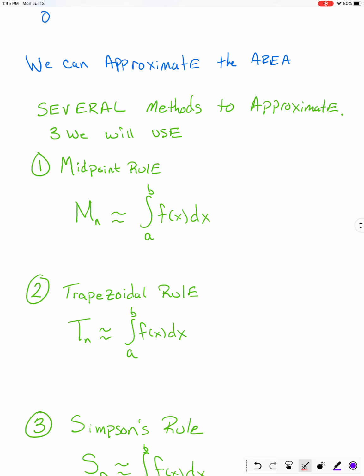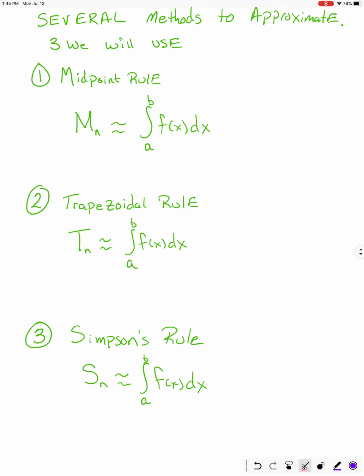There are several methods to approximate. You could study more of them in other classes, but in this class, we're going to study the main three. The three we will use in this class, number one, is the midpoint rule.